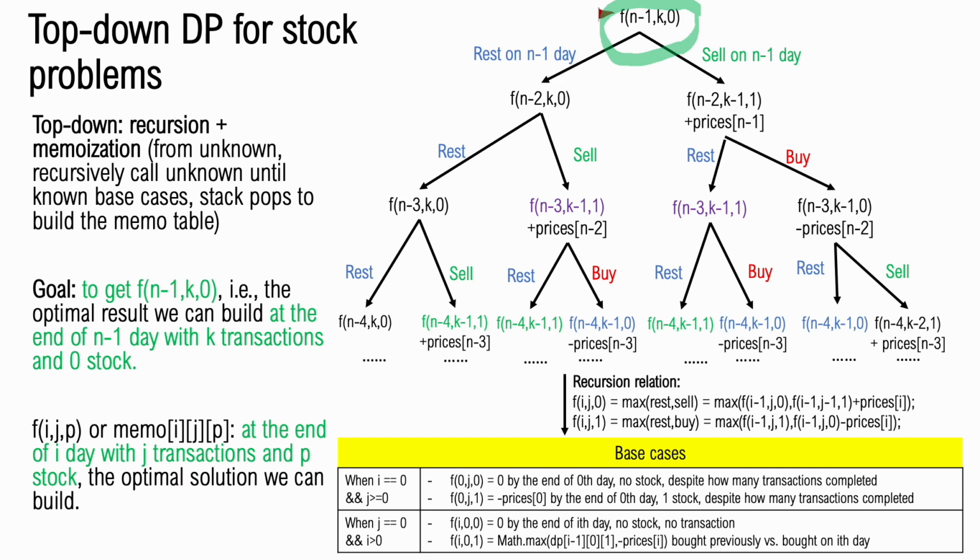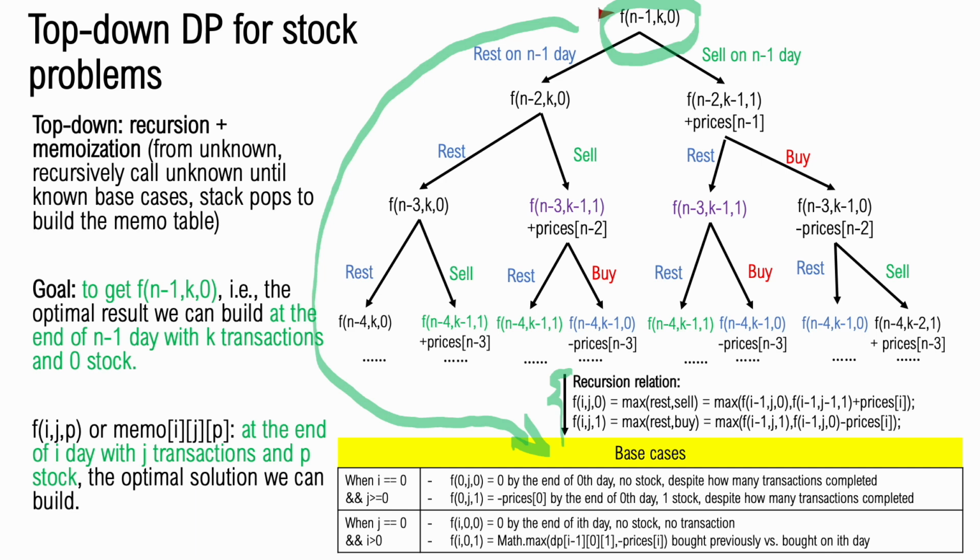And for the top-down approach, again, we have our ultimate goal, and we will try to recursively call all the other sub-problems until they hit the base cases. And in the recurrence, we will try to call the other sub-problems with this recurrence relation, which is basically the same as the transition functions we just introduced.